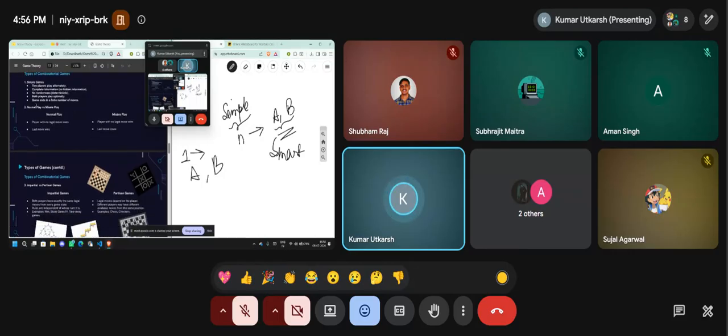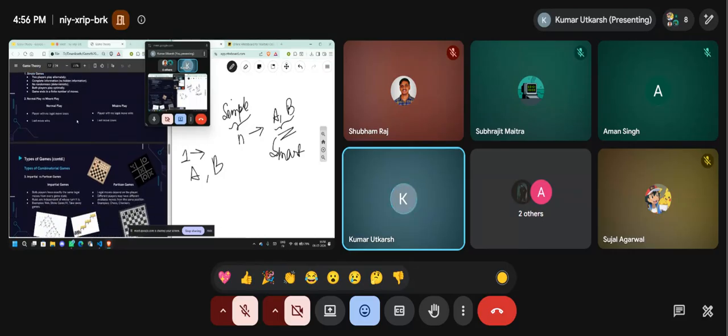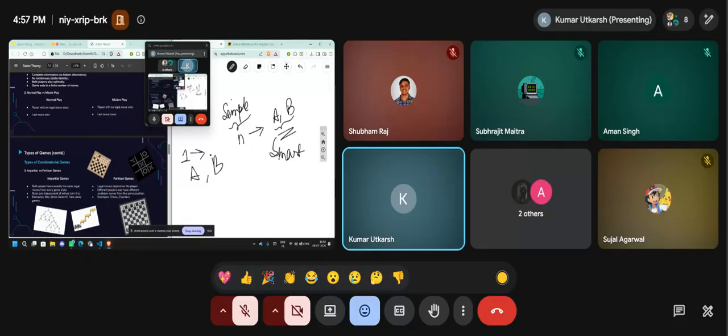After that, there is normal play and misère play. So what's normal play? When there is a last move, and A picks the last move, then A wins, and B loses. That is a normal game.